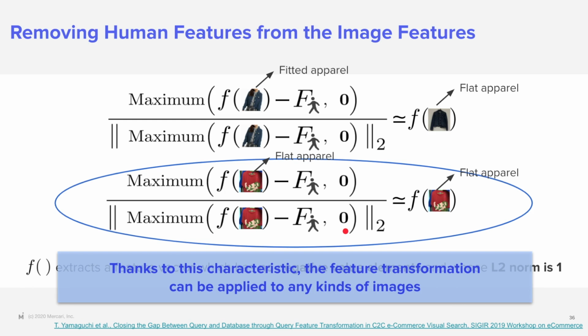Without this characteristic, we may need an additional classifier which classifies whether an image contains fitted apparel or not. This is still a heuristic, but it works for us.